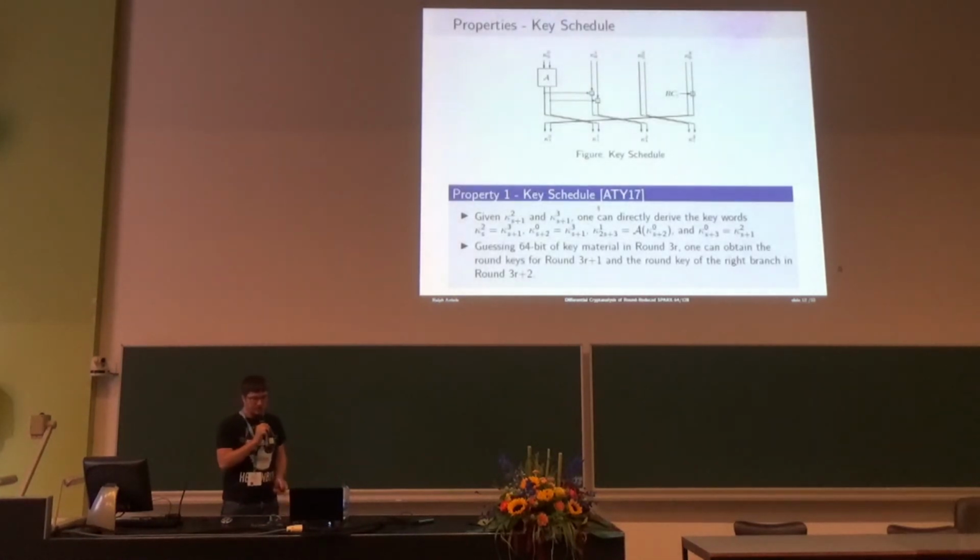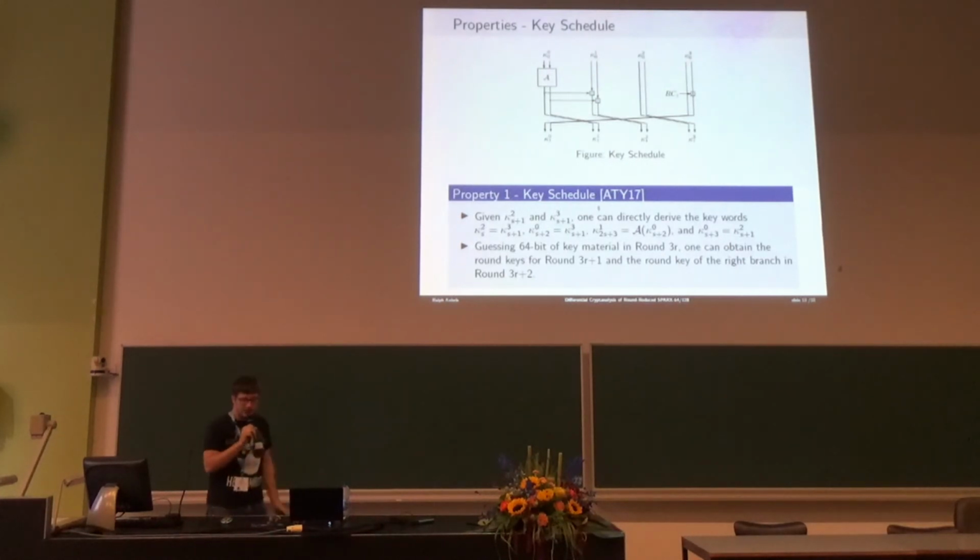There are some properties about the key schedule. The key schedule looks like this. They have again an ARX-box here, some modular additions here, they add some round constant here, and then they just shift it on. And there's a property that was observed by the paper at Africacrypt: if you guess this key value and this key value, you can actually get 4 more key values.